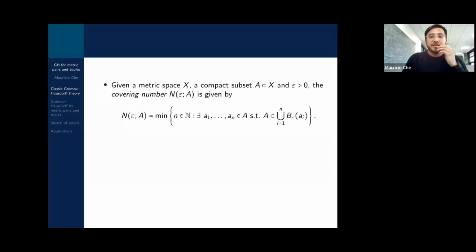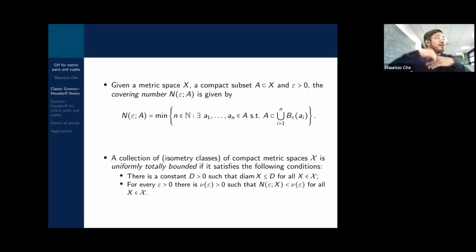Okay, now these epsilon nets are very important, and regarding this concept, you can define the covering number of a given compact subset A of a metric space and some parameter epsilon. The associated covering number is basically the minimum number of points that we need in A to have an epsilon net, right? Then if we now look at a collection of metric spaces, another notion regarding epsilon nets is that of being uniformly totally bounded.